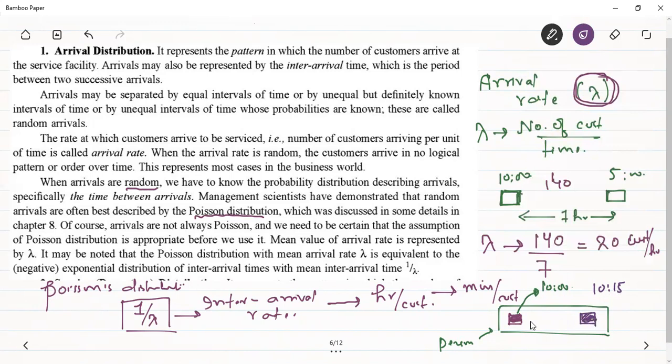Okay, he sees one customer at 10 and he sees that next customer is at 10:15. तो इन दो के दरमियान, ठीक है, कस्टमर कब आया। ओके, you can see that the customer is coming after 15 minutes.